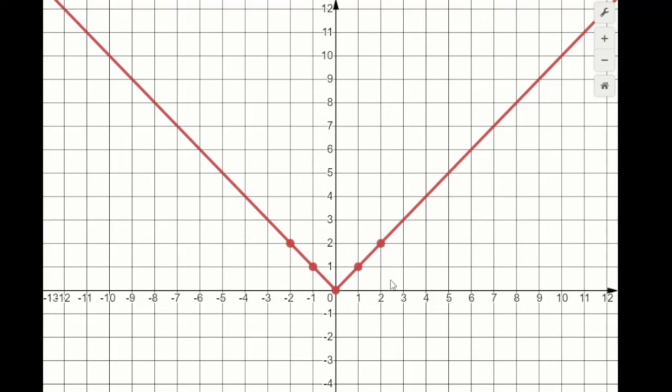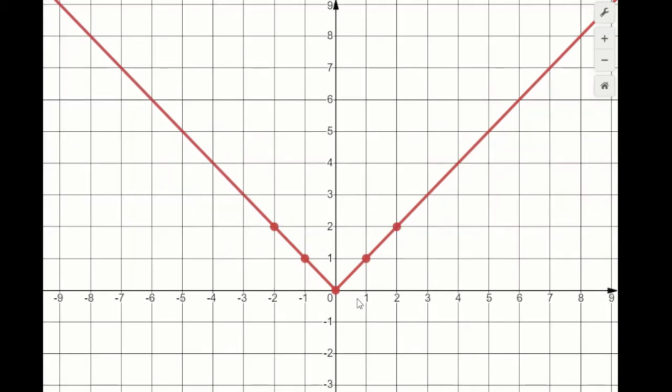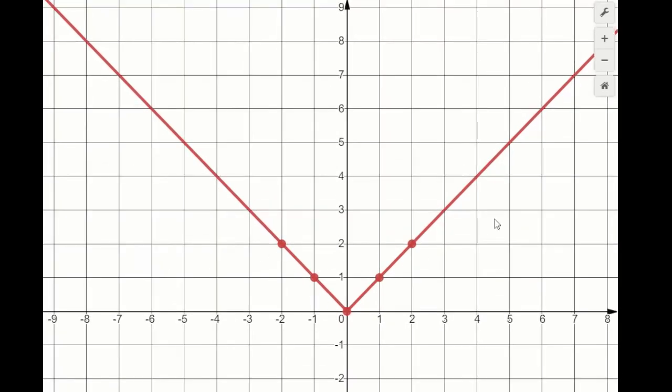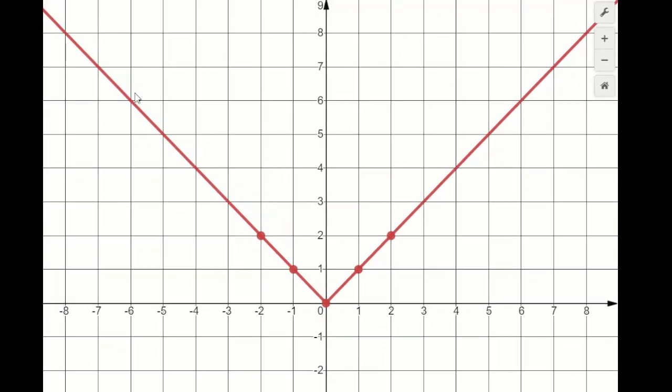So these are a few guided points that I can see. As the very original version of the parent function, this is a V shape, a 90-degree angle that stays right at the origin of the graphing space. And these are the guiding points with the labels on top of that.